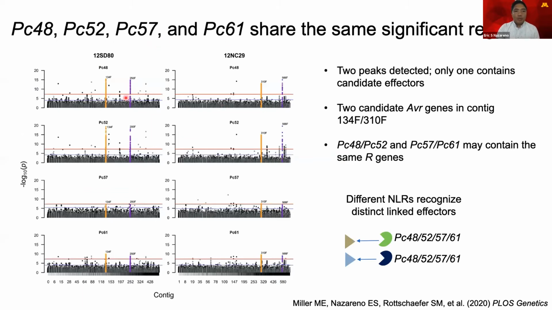We detected 2 peaks. These 2 peaks are orthologous to this. But then in the orange one, we have 2 candidate effectors. And those effectors may be detected by variants of a resistance gene in the differential line.